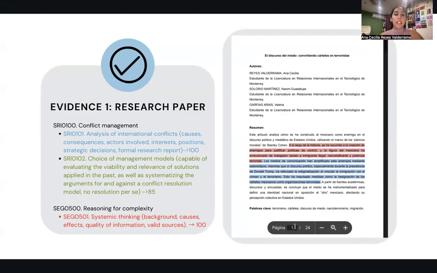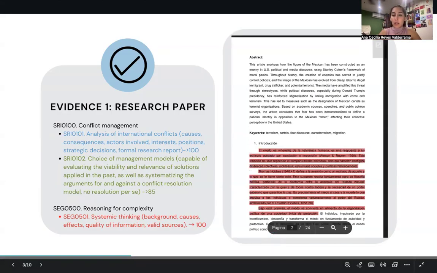For example, the first one is analysis of international conflict, but it's also the causes, the consequences, actors involved, the interests, the positions. And in the document, we can see that we were trying to talk about how, historically, the USA has constructed this enemy, and right now Donald Trump is doing the same with the cartels and designating them as terrorist groups.